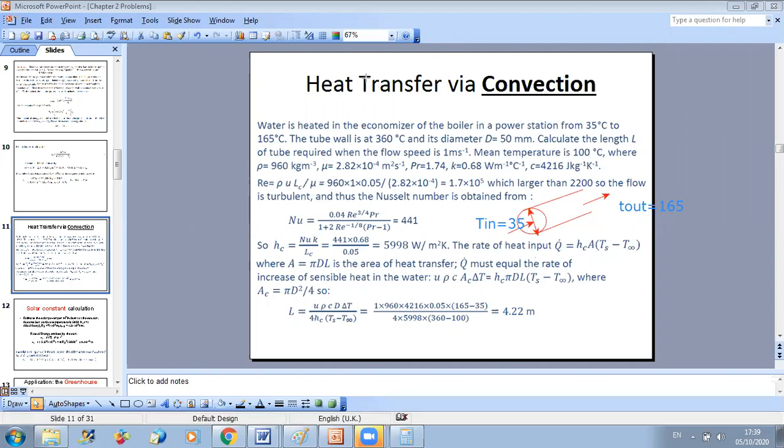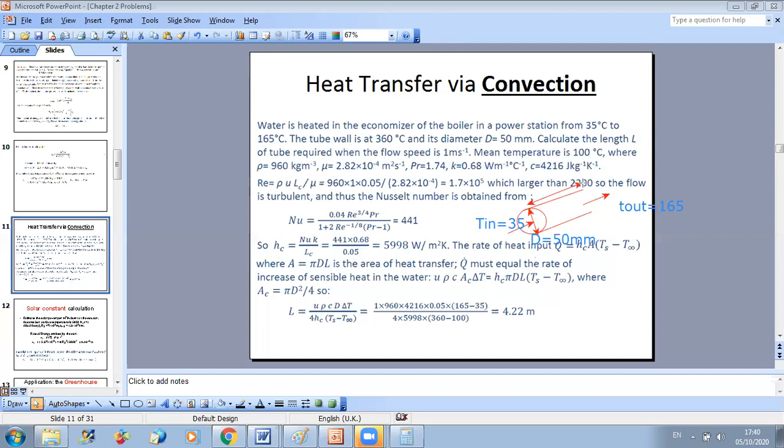So we have D equals 50 millimeter, but the length of our tube is unknown. We should calculate it. The question is, what should be the length L needed to heat water from 35 degrees to 165 degrees, knowing that the tube wall temperature is at 360 degrees.